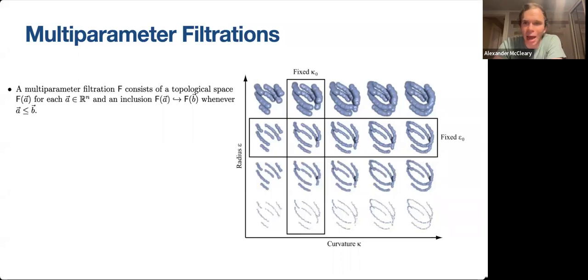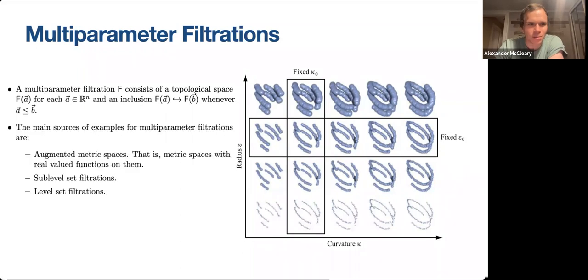So this is almost exactly the same definition of a one-parameter filtration that we looked at before, except now a and b are in R to the n, not just the reals. And we're using the product order on R to the n rather than the one natural order on the real line.